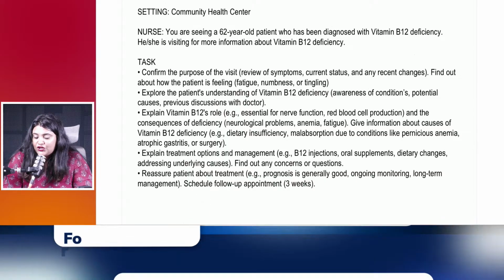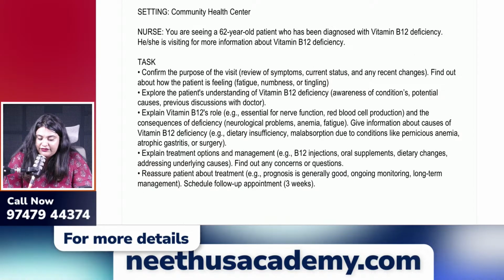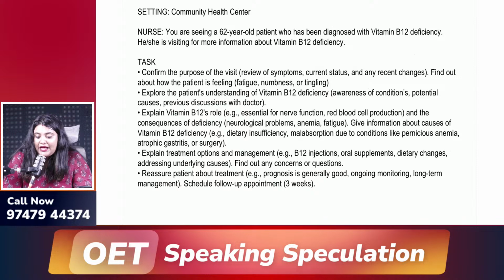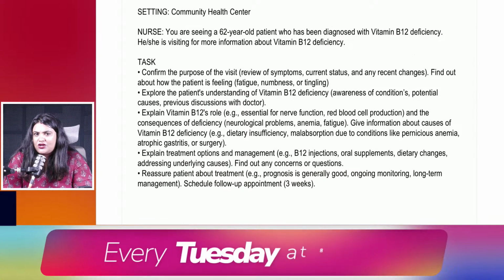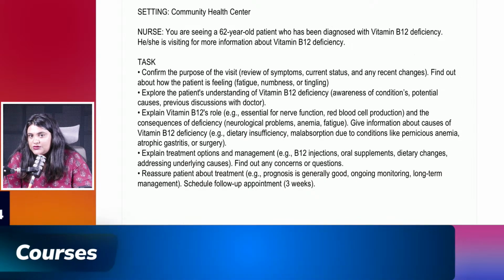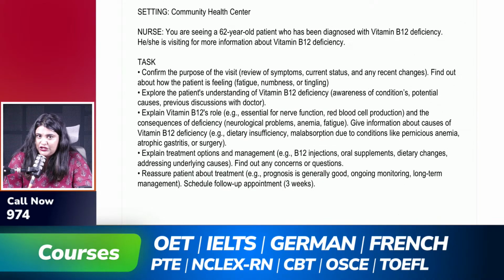I would also like to talk to you regarding the causes of vitamin B12 deficiency. Dietary insufficiency, malabsorption due to certain conditions like anemia, gastritis, or any surgery can be a main cause for vitamin B12 deficiency. I hope it's clear to you.